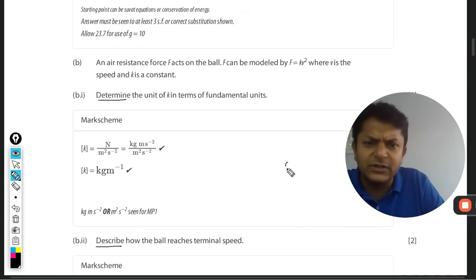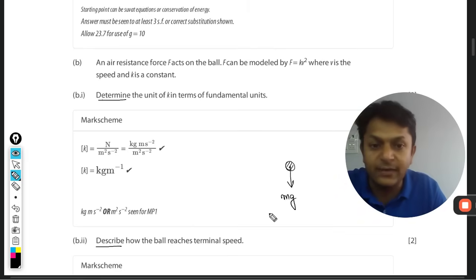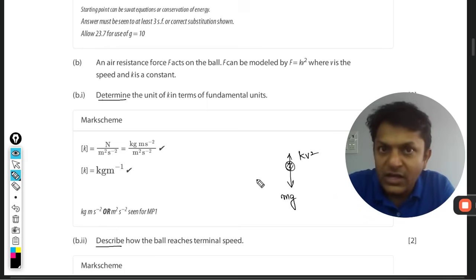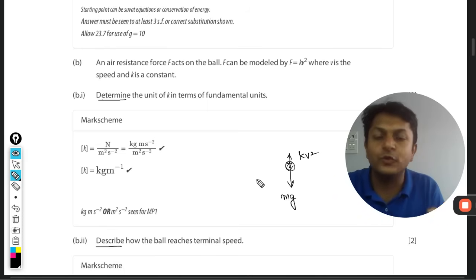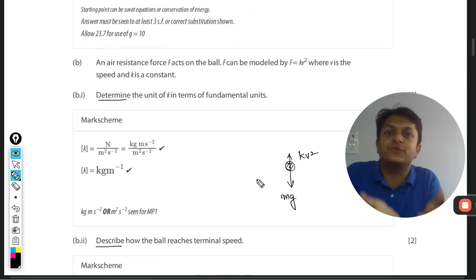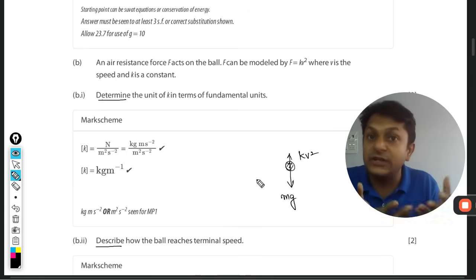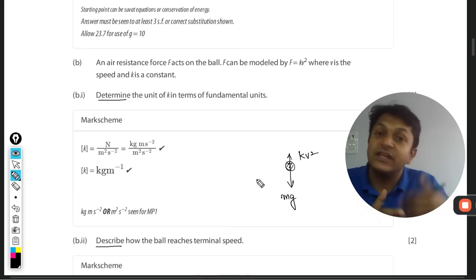It's a very simple description here: the body is going down and a constant force is acting on it, which is mg, but the upward force is a variable force and it is dependent on the velocity. As long as the downward force is bigger, the body keeps on accelerating and the velocity keeps on increasing, and the drag force will keep on increasing.